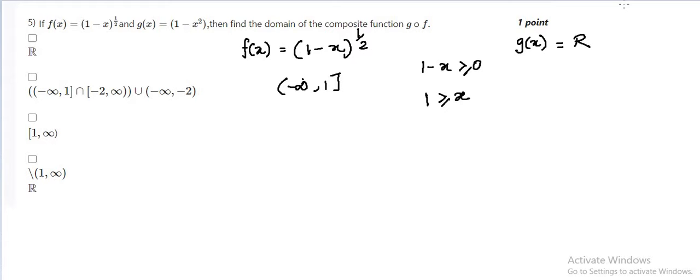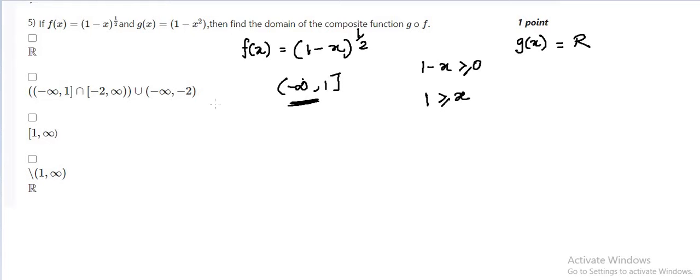So for every value of x you get a real value, so the domain of g of x is R. But if you take the composite function, whatever the domain of f you are getting, g of f will have a restricted domain to that, that is minus infinity comma 1 in a closed interval.